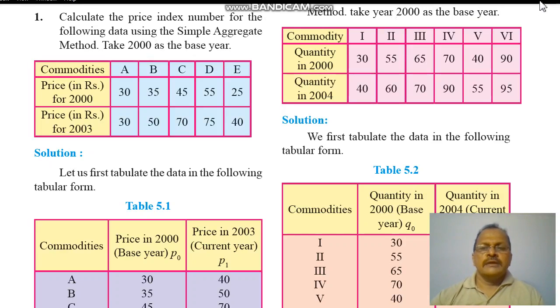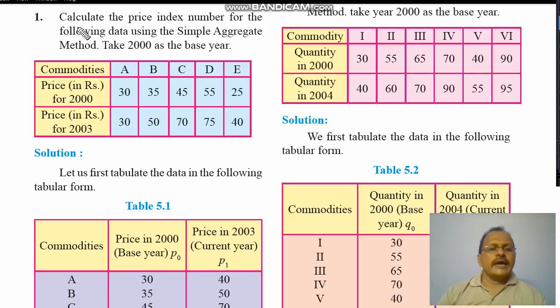Let us read the solved problems. The first one is: calculate the price index number for the following data using the simple aggregate method. Take 2000 as the base year. The given data is commodities A, B, C, D, E. The price in rupees for the year 2000, that is, the price of commodity A in rupees is 30.